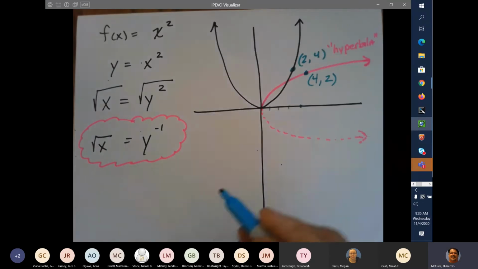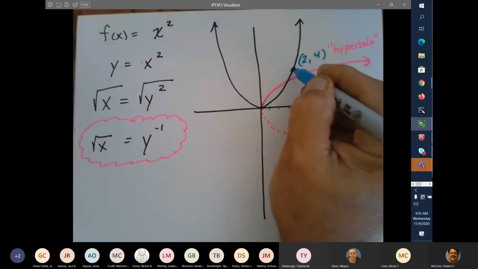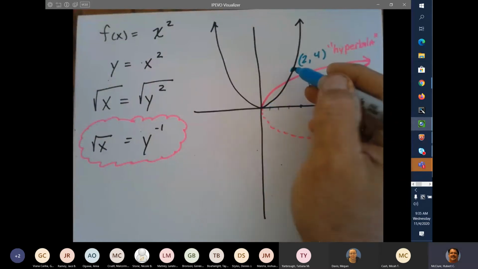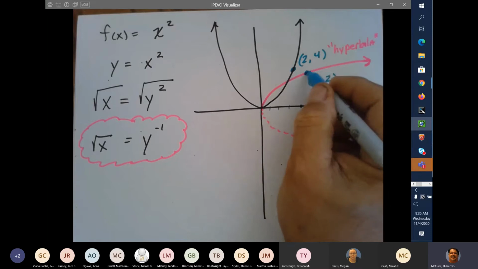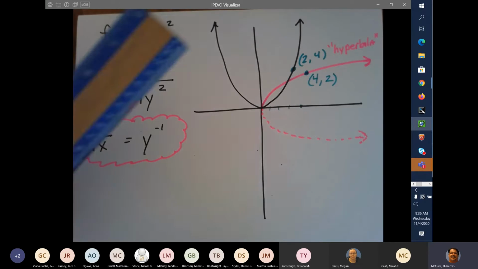If I go to 2, 4 on the black line, and I go to 4, 2, these two points are going to be across the oblique asymptote from each other. What is the oblique asymptote? Well, the oblique asymptote is going at a 45-degree angle. And that's what a lot of the inverses are looked at.